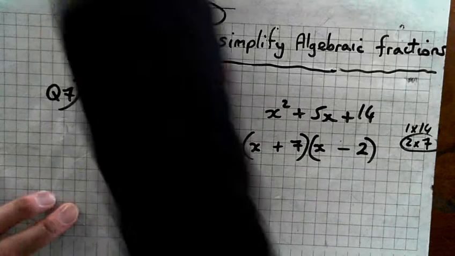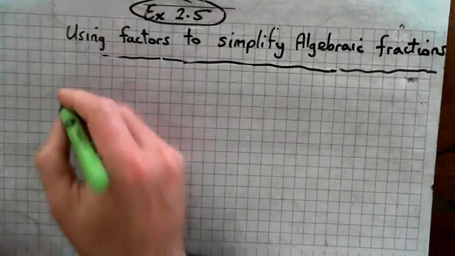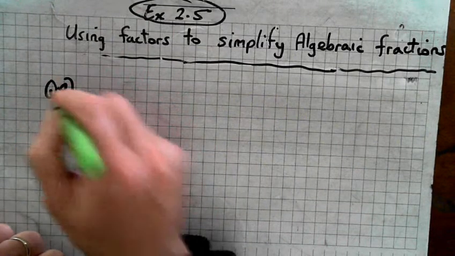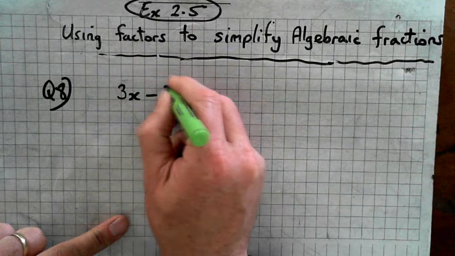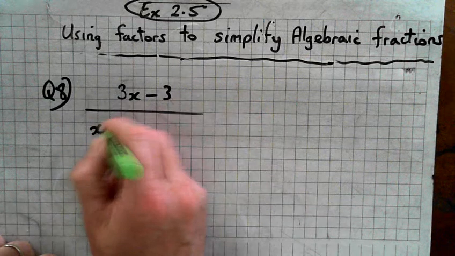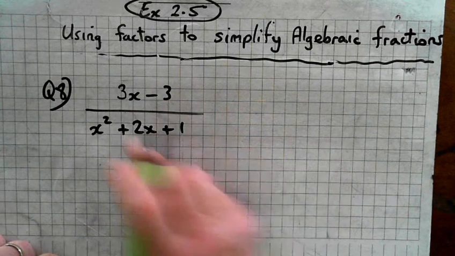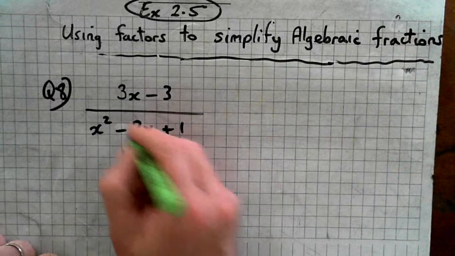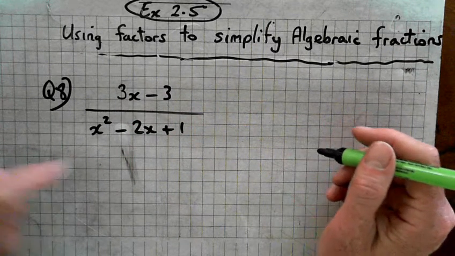We'll do one more. Question 8. Alright, look up again. 3x minus 3 over x squared minus 2x plus 1. First of all we factorise the top.